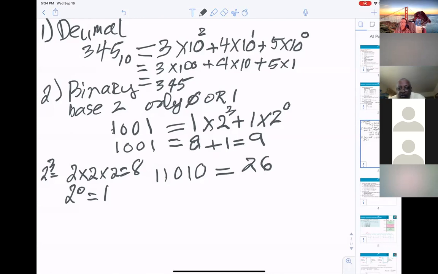Make sure you're able to get the number 26. Anyone who doesn't get that number, just bring it up. Okay, so it looks like everyone knows how to convert from binary into decimal.